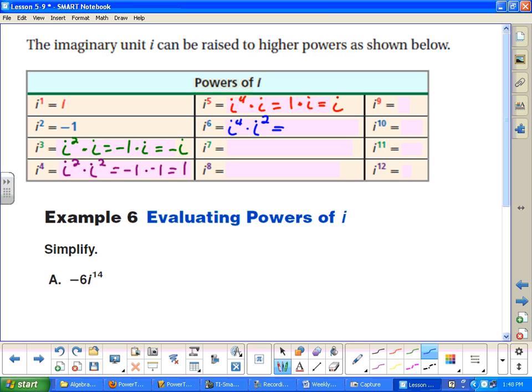So this is 1 times negative 1, which is negative 1. All right, i to the 7th would be i to the 4th again times i cubed. i to the 4th is 1, i cubed is negative i. 1 times negative i is negative i.